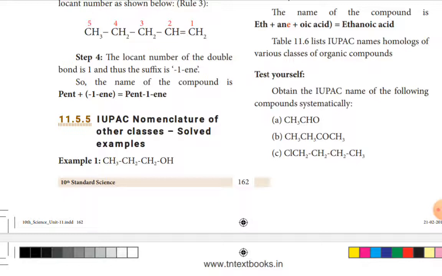Here there are 3 carbons. So what is the root word? 1 carbon means meth, 2 carbon means eth, 3 carbon means prop. So the root word is prop because of the 3 carbons. Then you check the functional group or any substituent, and whether it is alkane, alkene or alkyne.